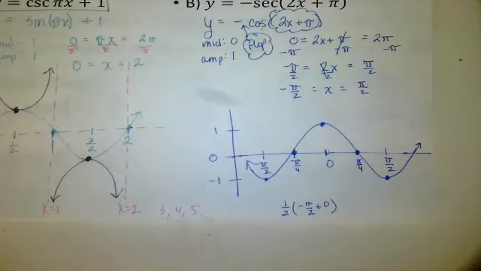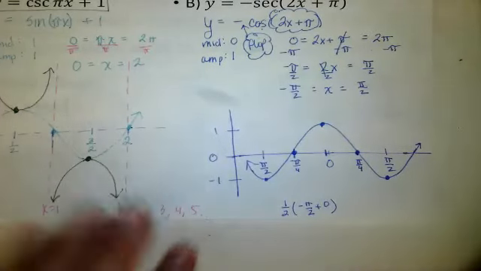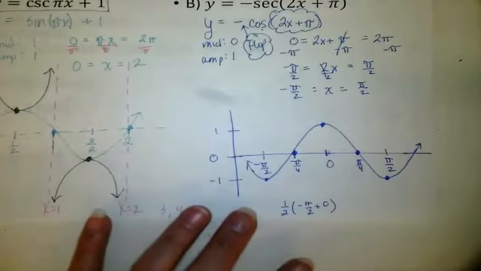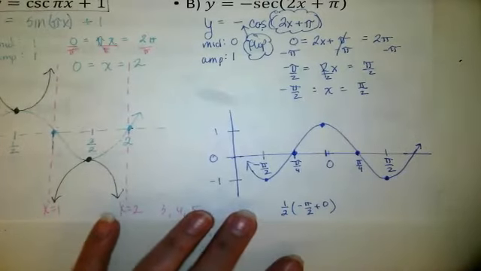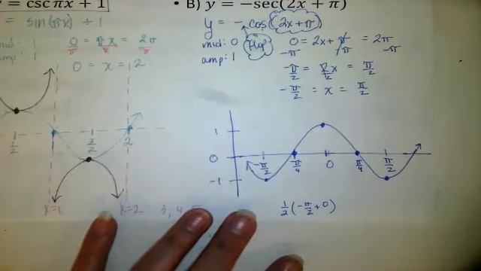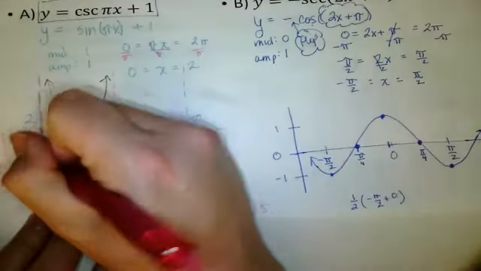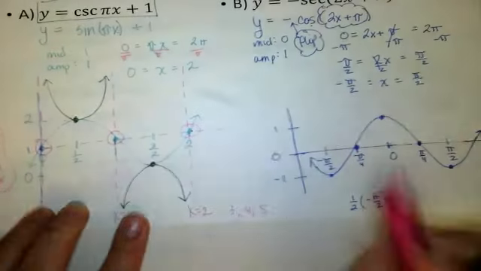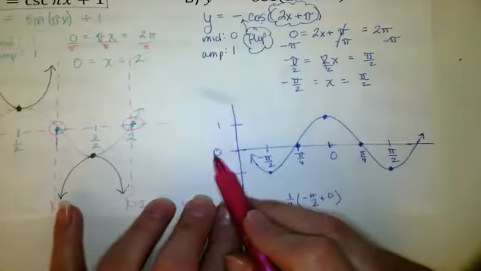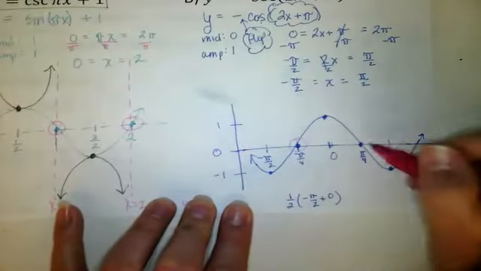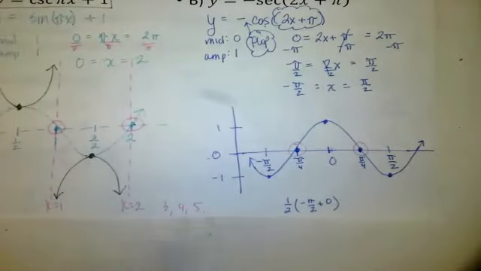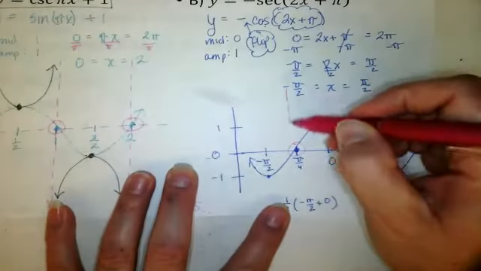And where do we have asymptotes for our secant function then? Where we hit the midline is where the asymptotes occur.